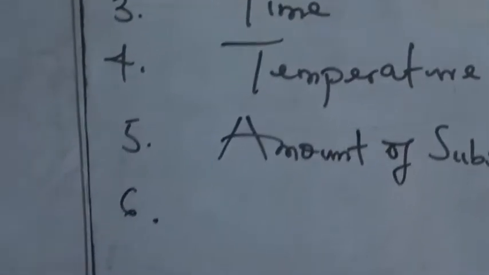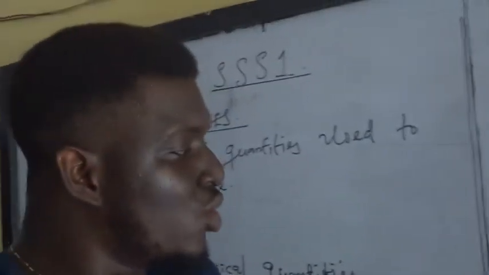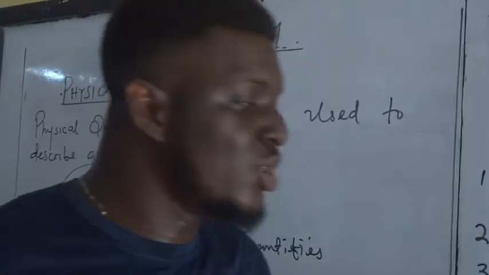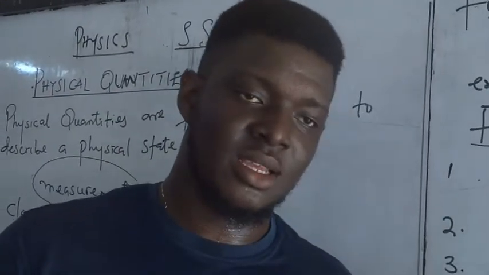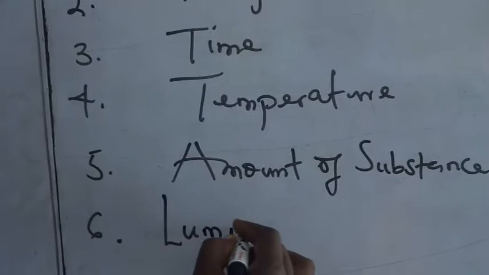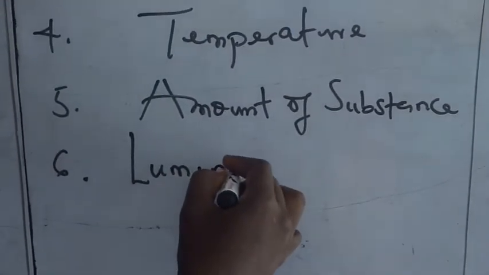Six, please, I want you at home or anywhere you are watching to write down these things. They are really important. You can't do without them in physics. After amount of substance, we have luminous intensity.